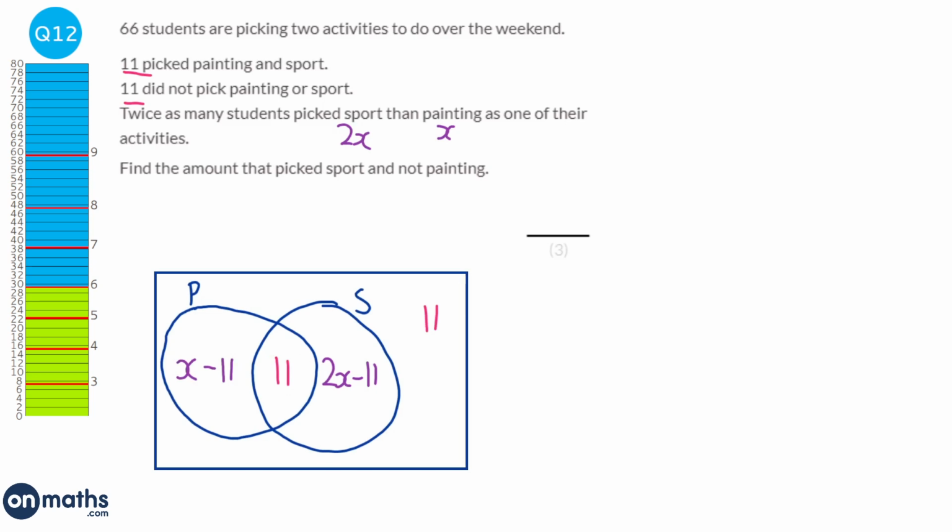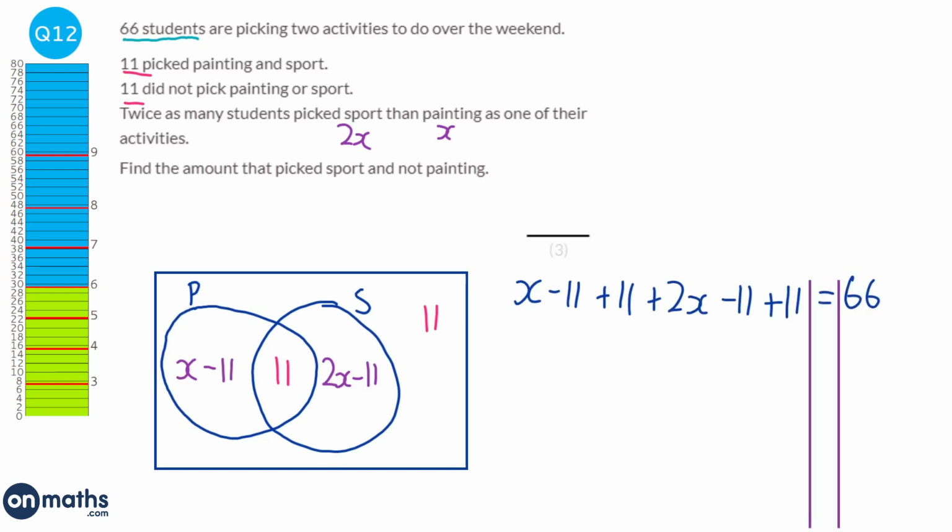Now, we know that there are 66 students in total. So what we can do now is add up all of the parts of the Venn diagram and get it equal to 66. So X minus 11 plus 11 plus 2X minus 11 plus 11, and all of that will equal 66. This is going to be some solving.